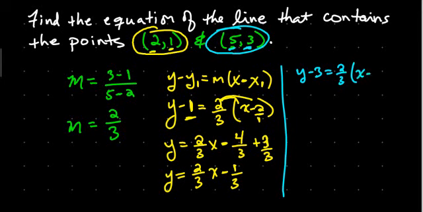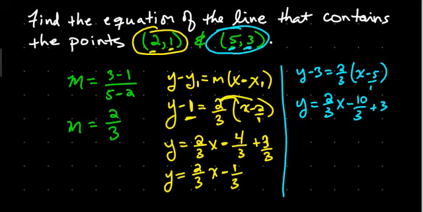Here's 5. So y is going to equal 2/3 x minus 5 times 2 is 10. 10/3, again, think of that as 5 over 1. When we multiply, we multiply straight across. 2 times 5 is 10, 3 times 1 is 3. And we're going to say plus 3.